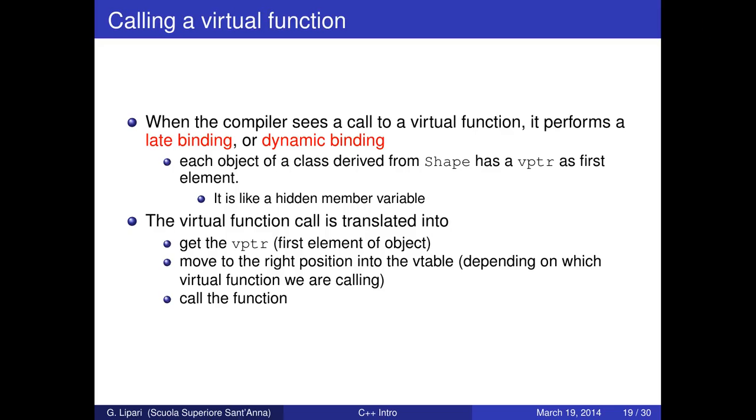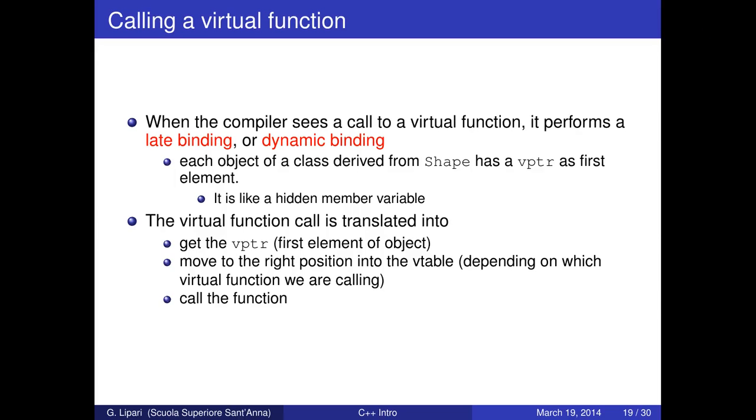So when the compiler sees a virtual function, what it performs is a call to a virtual function. It performs what is called late binding or runtime binding or dynamic binding. So basically the virtual function call is translated into: first get the virtual pointer, which is going to be the first element in memory for the object.